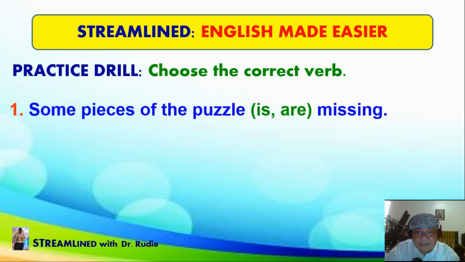Some pieces of the puzzle are missing. What do you think is the correct form of the verb? Our subject is some pieces of the puzzle. The correct answer is are. We need a plural verb.